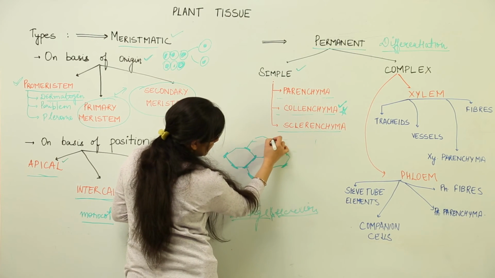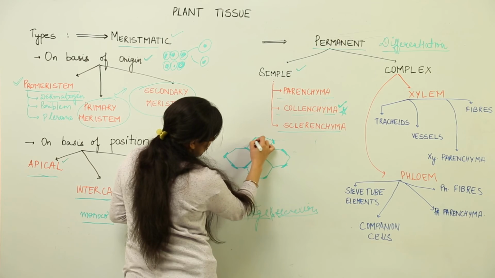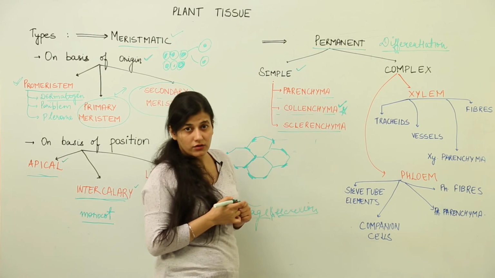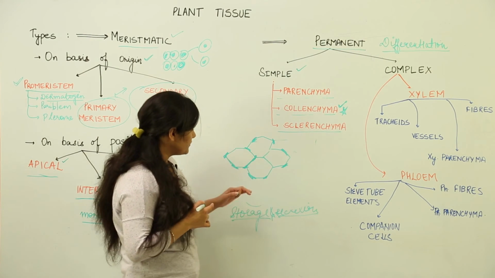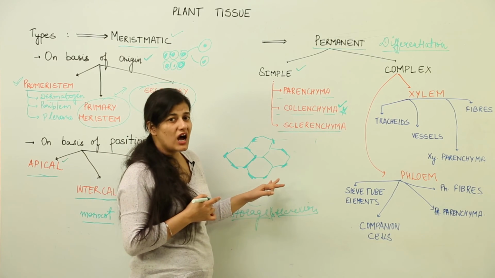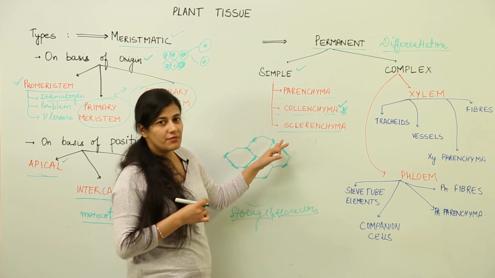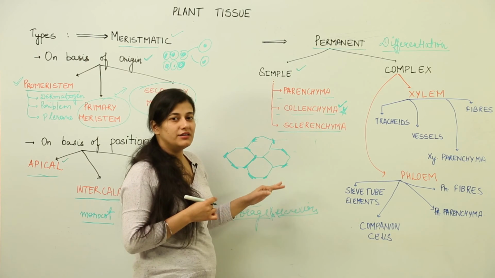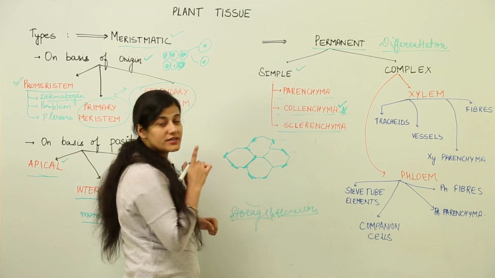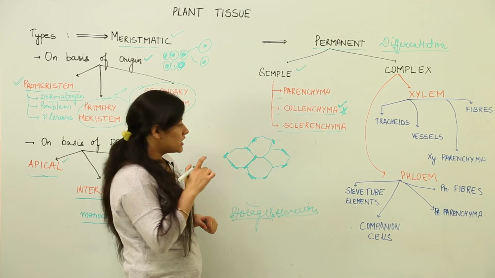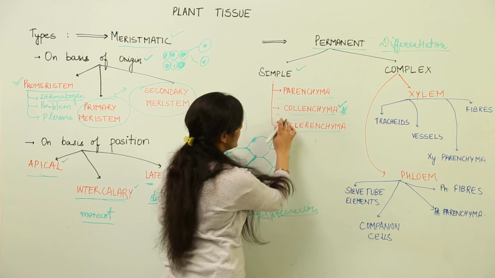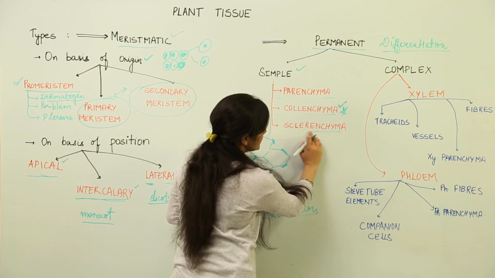These angular thickenings have deposition of hemicellulose and other derived compounds which provide a hard structure. So this Collenchyma is present inside the stem of a dicot plant, which gives it extra stability and mechanical strength. Then we come to Sclerenchyma.